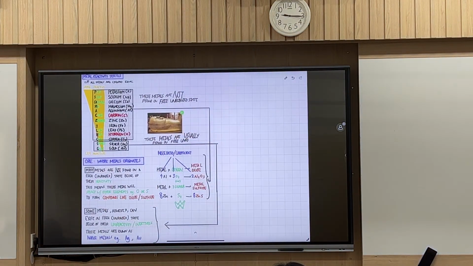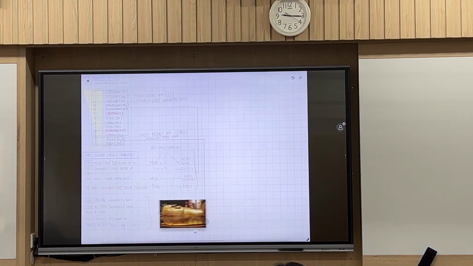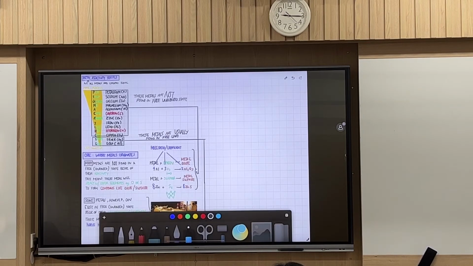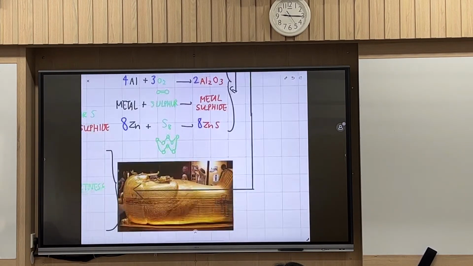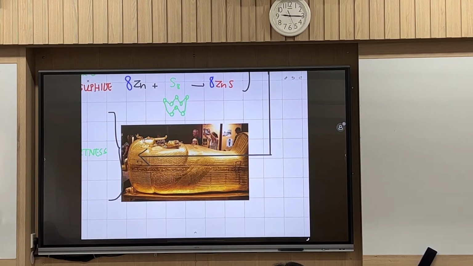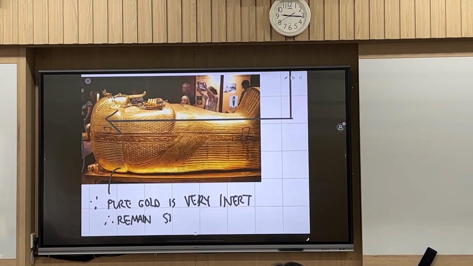I'll just put this in here so that you remember. This is the sarcophagus of King Tutankhamun. It's made from pure gold. Because pure gold is very inert or unreactive, it remains shiny no matter how long it's exposed to oxygen.